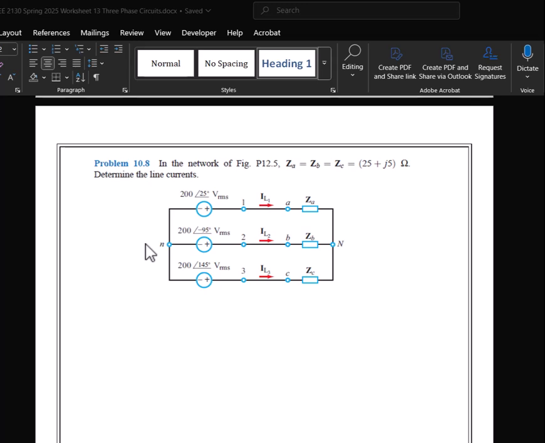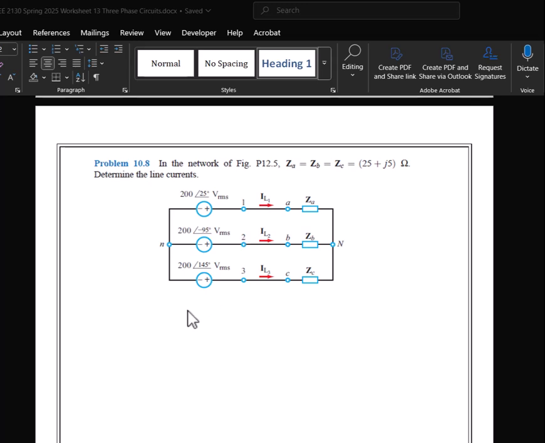So this one is Y, because I was saying it had to be Y, and I couldn't see why my solutions were saying it wasn't. If you look, both our voltages are measured relative to ground, and our line currents are the same as our phase currents. So we have a Y source and a Y load. How would we determine the line current right here? It'd be V over ZA.